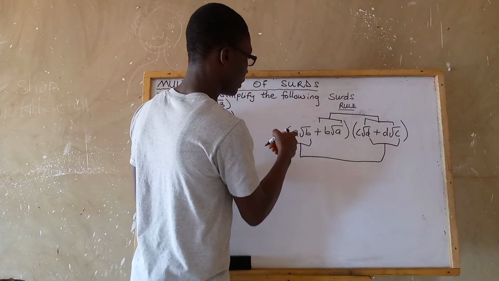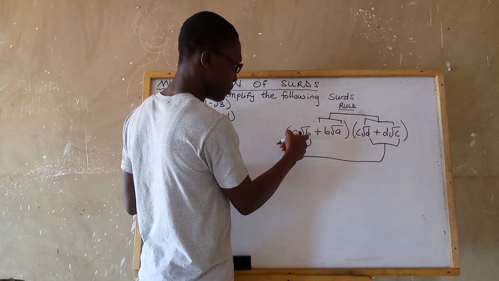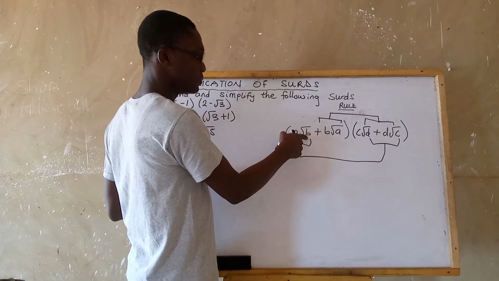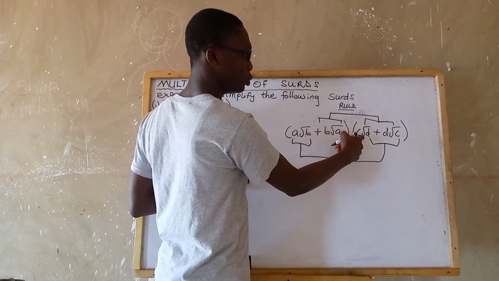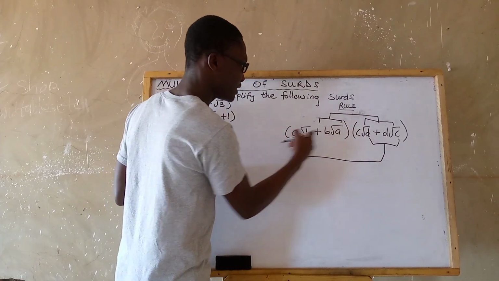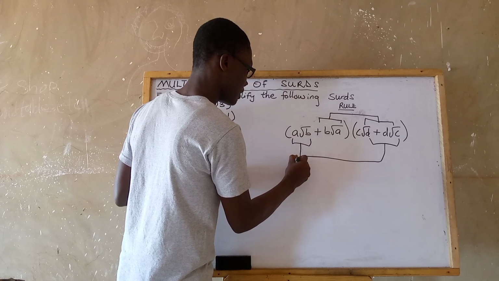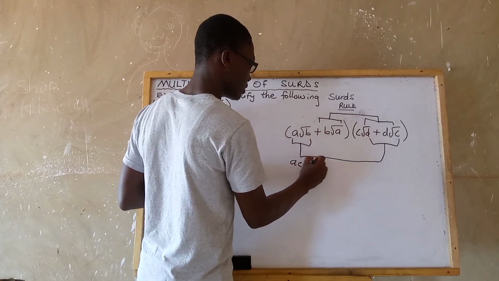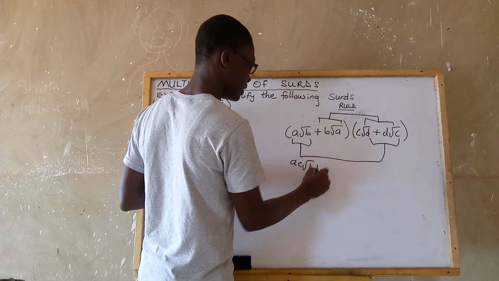So we have a√b multiplying c√d. We have a times c giving us ac, and then √b times √d giving us √bd.